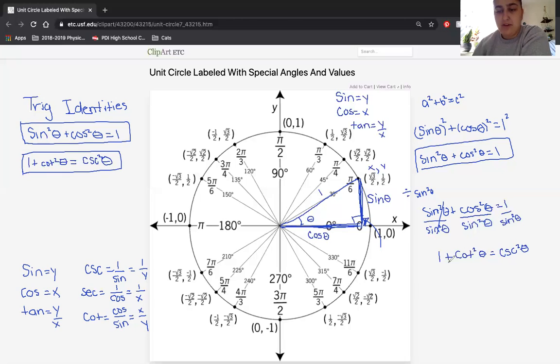And then my third trig identity is going to be if we divided our initial trig identity by cosine squared. And I think my handwriting is only getting worse throughout this. So I have sine squared theta plus cosine squared theta equals 1.